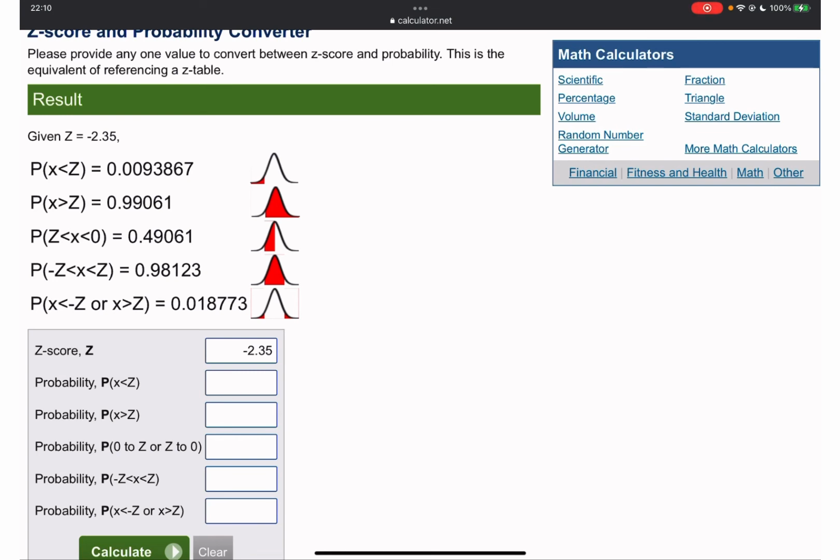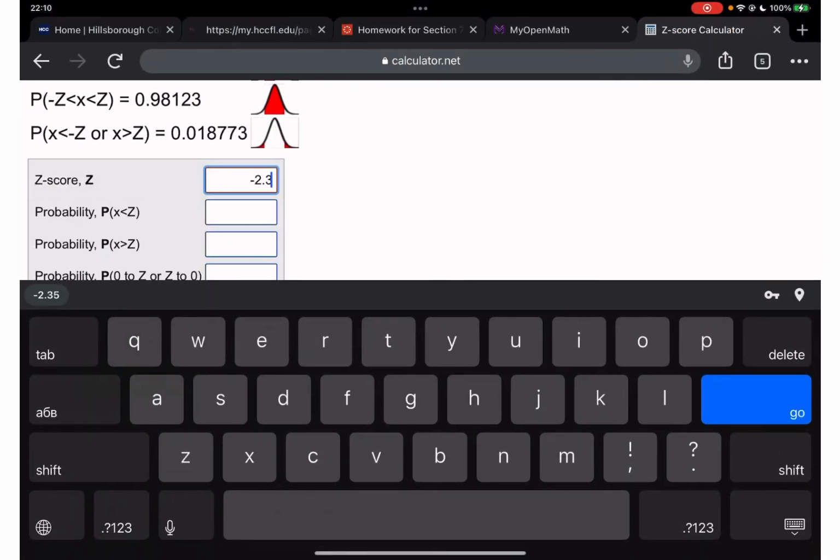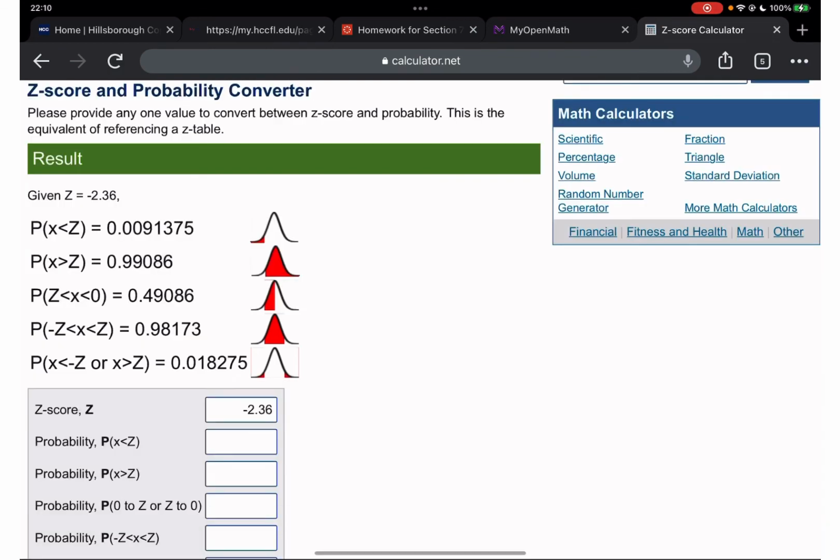Let me see, negative 2 point, you know what, I should round it, and it should become negative 2.36, because it is followed by 7.